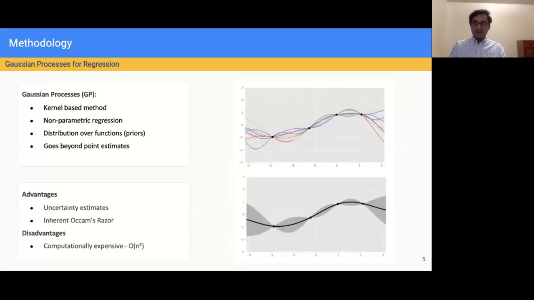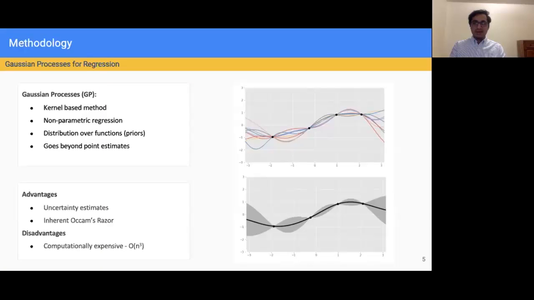Briefly, Gaussian processes belong to the class of non-parametric kernel-based methods. Instead of inferring a distribution over the parameters of a single function, Gaussian processes can be used to infer distributions over multiple functions directly. Gaussian processes carry two major advantages. First, the posterior distribution provides uncertainty bounds in addition to the point estimates of the target variable.